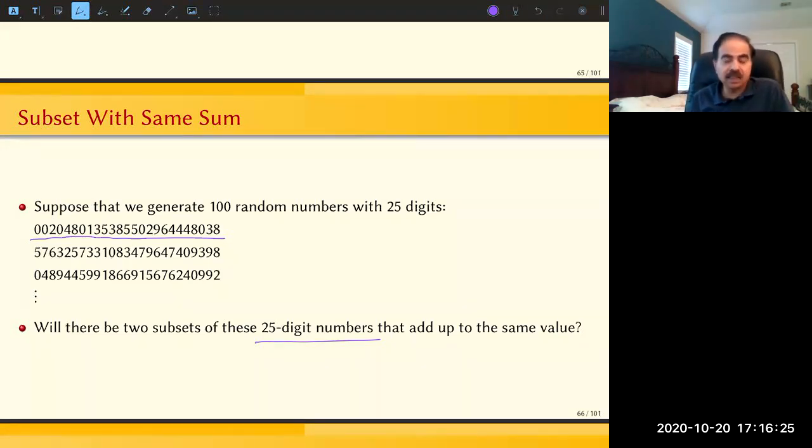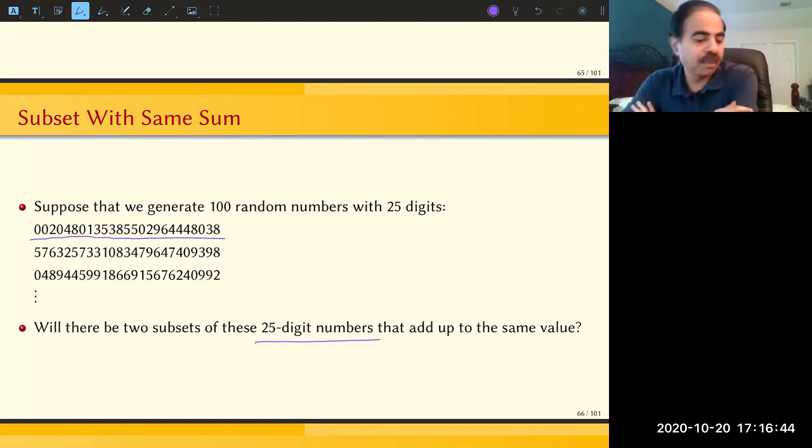These are just completely random 25-digit numbers, so the chance that they will produce any particular value is infinitesimally small. Now, how can we estimate the possibility that two subsets of 25-digit numbers will add up to the same value?